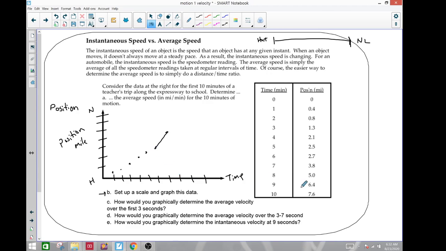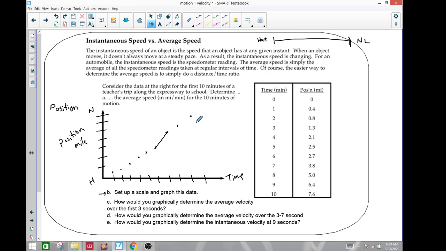Okay, so 9 is 6.4, so this is 5, 6, and 6.4 could be like right here, and then 10, 1, 2, 3, 4, 5, 6, 7, 8, 9 is 6.4, and then 10 will just be 7.6, something like that.